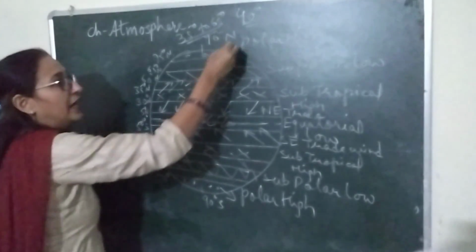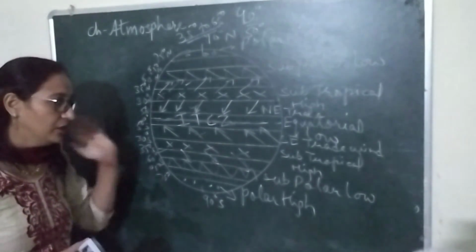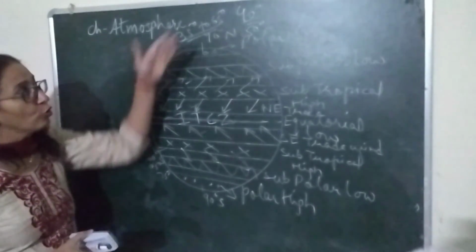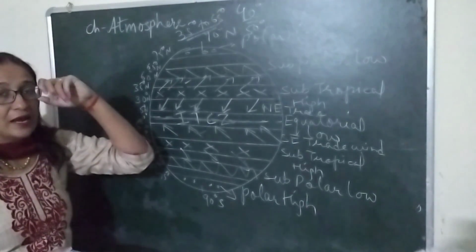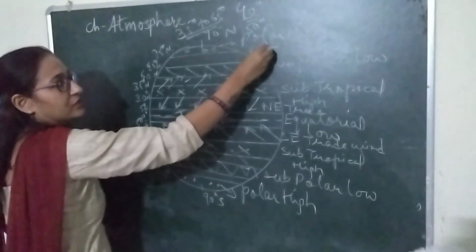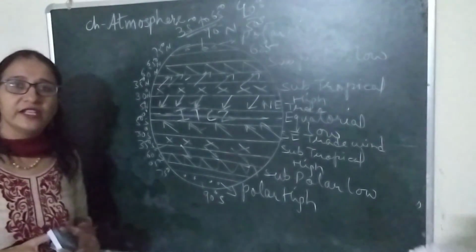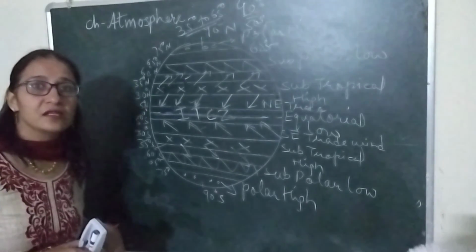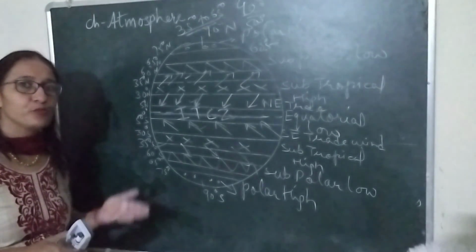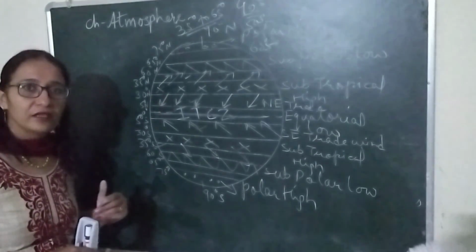At 50 degree latitude, the westerlies which blow in the southern hemisphere are the furious 50s. Roaring 40s, furious 50s, and at 60 degree south, we call these westerlies the screaming 60s. So the speed of the westerlies is very high in the southern hemisphere.